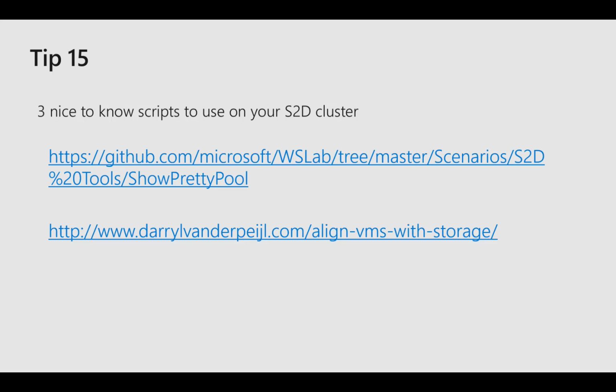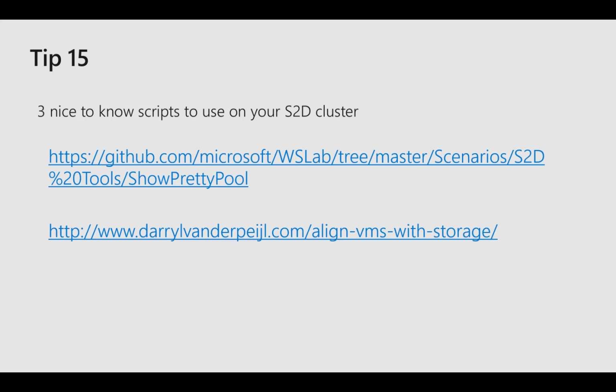The other one is align virtual machines with your storage. So with Storage Spaces Direct and any CSV cluster, aligning the virtual machines with where your storage is mounted gives you better performance. We've tested this with VM Fleet, and if your virtual machines and the CSV are on different nodes, your performance can drop by 50%.